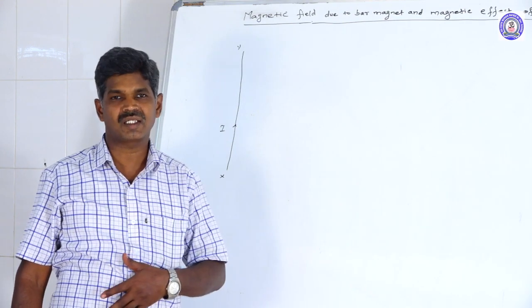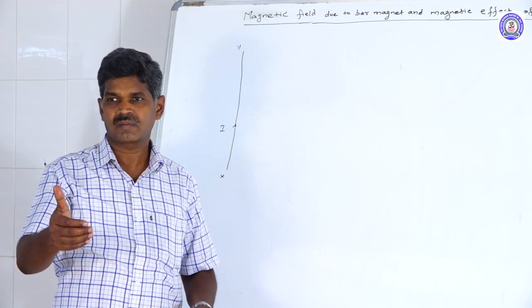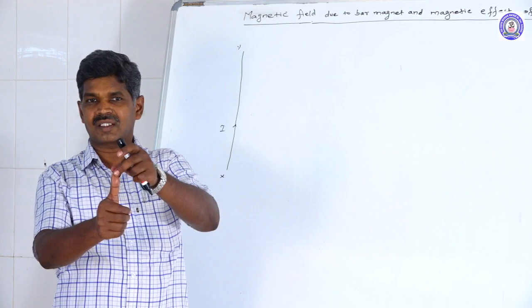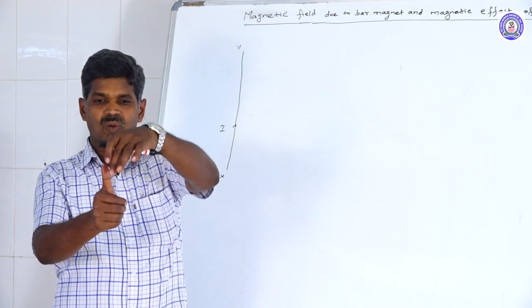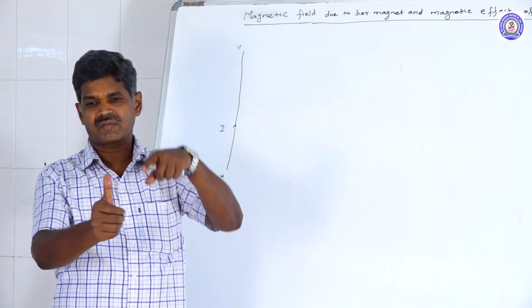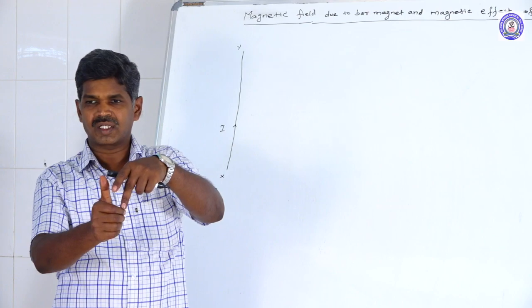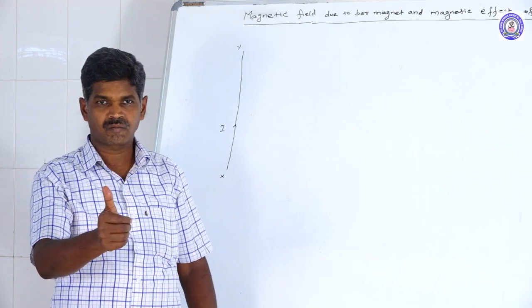To easily find the direction of that magnetic field, we can use the right hand. If the thumb represents the direction of the current, the holding fingers show the direction of the magnetic field. If the thumb is the current, then the holding fingers are the magnetic field.